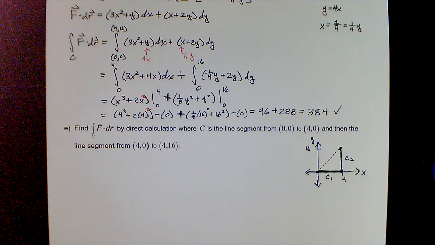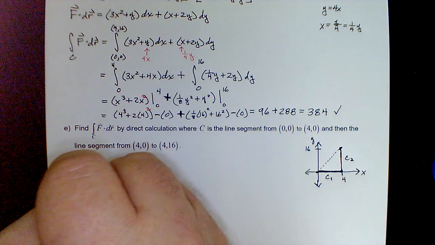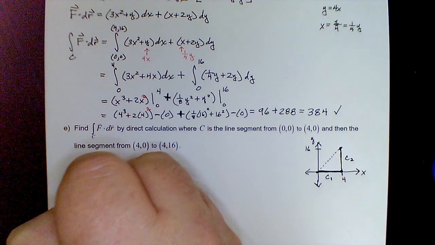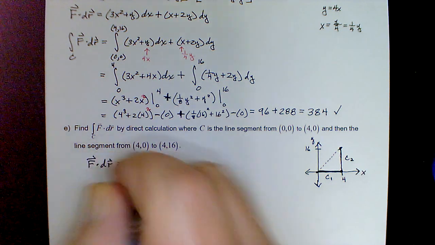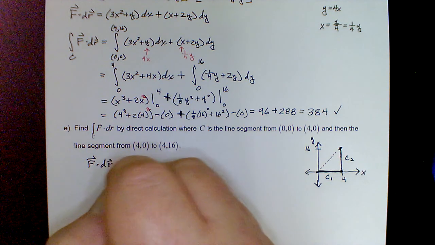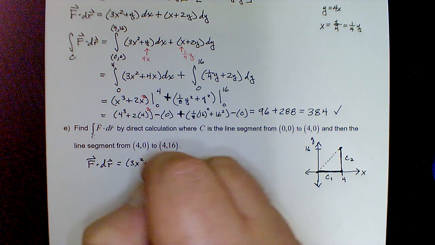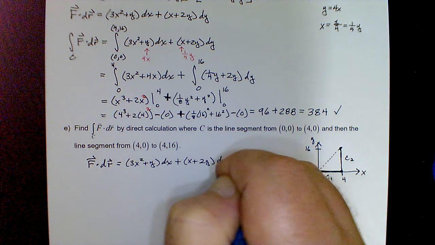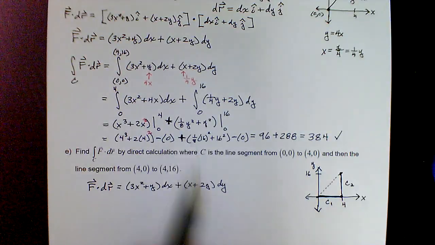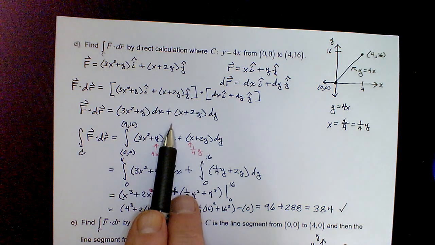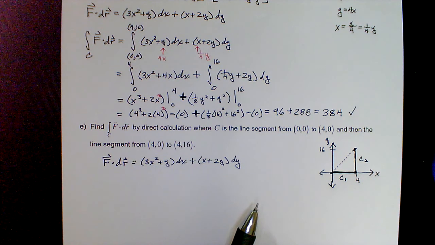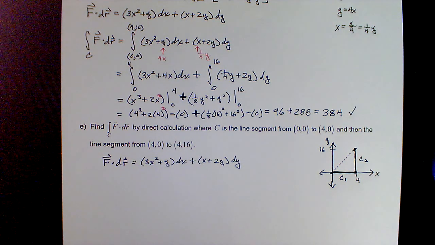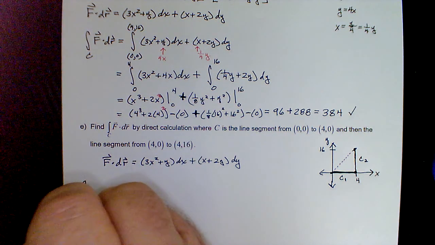So the first thing is to recall that F dot dr, we won't do it over again, was (3x squared plus y) dx, and then plus (x plus 2y) dy. Okay, so that was from our work up here, right? So we're not going to do that over again. And now consider the path along C1.